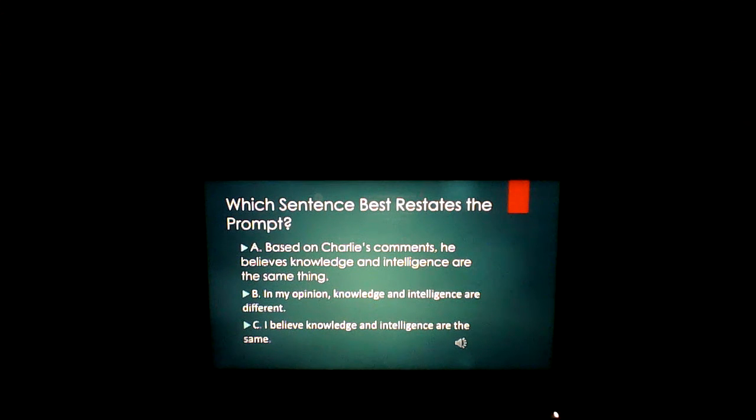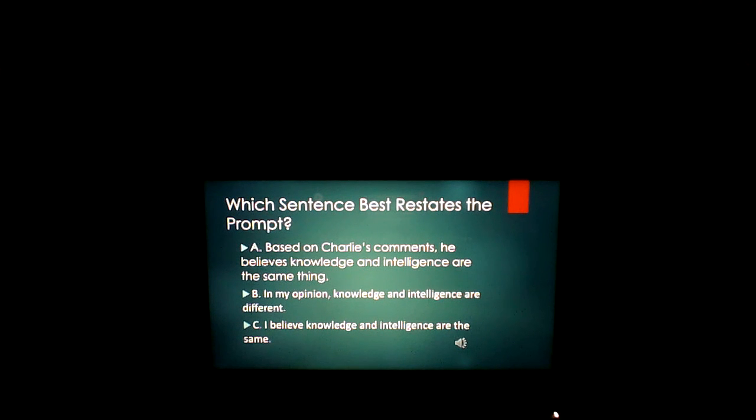All right, is it A, based on Charlie's comments, he believes knowledge and intelligence are the same thing? B, in my opinion, knowledge and intelligence are different. Or C, I believe knowledge and intelligence are the same. Now notice C has a different answer because this is your opinion. So whichever one you choose.